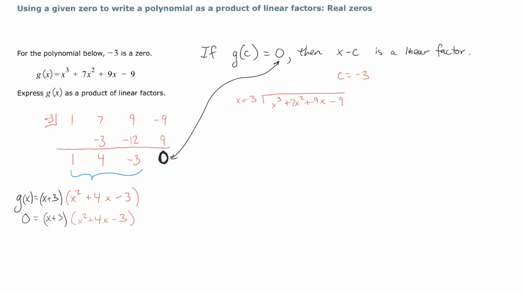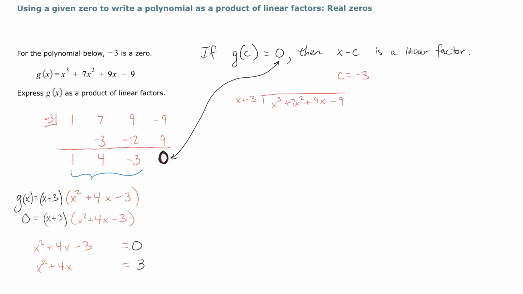If we solve this equation, we already know x equals -3. That's nothing new. But what we want to do now is take x squared plus 4x minus 3 and set this equal to 0. I am going to complete the square here. So x squared plus 4x is now equal to this 3 over here.